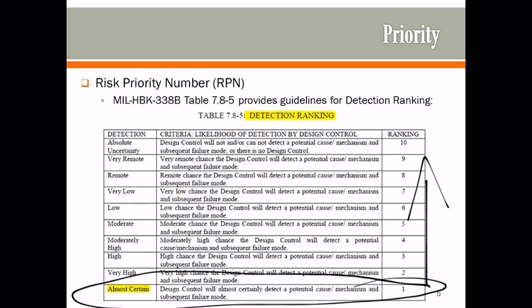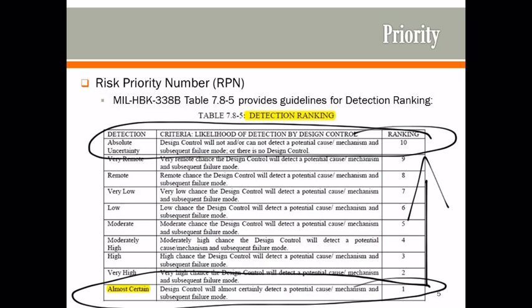And it progresses up through a ranking of 10. 10 is absolute uncertainty. Now, that can be perceived a little bit backwards. Notice this again. Almost certain detection has a low ranking number. And absolutely uncertain detection, in other words, it would not be detected until it fails, is a high ranking number, 10. Keep that in mind.